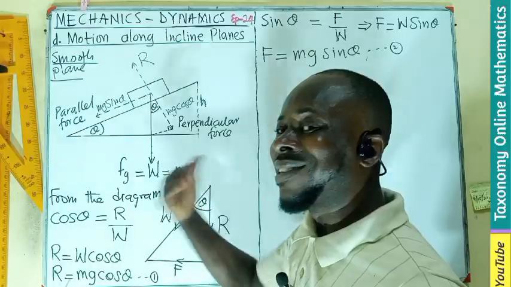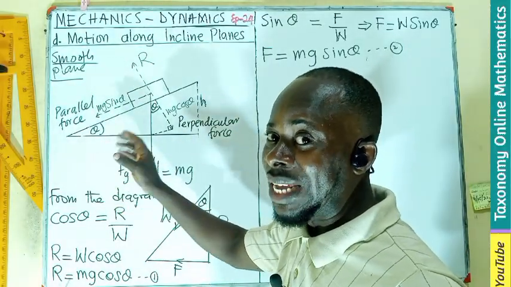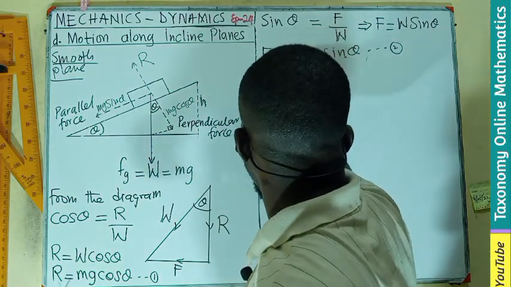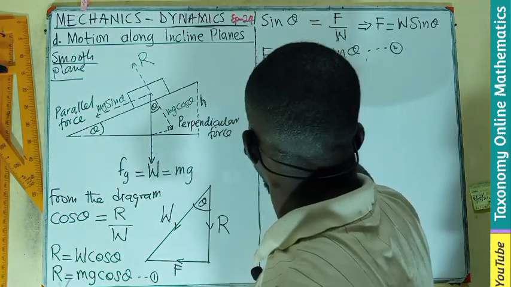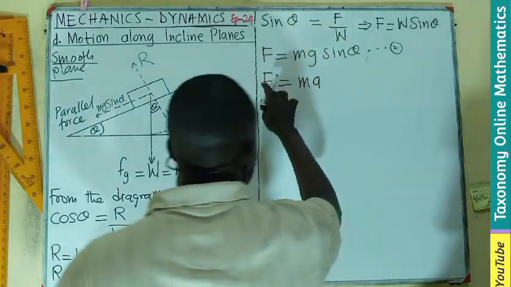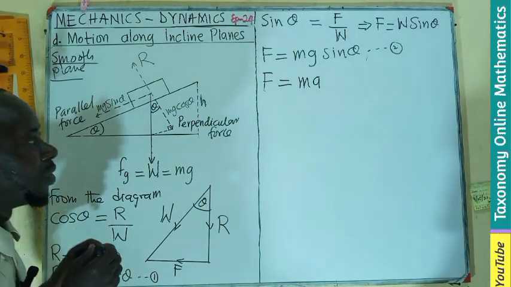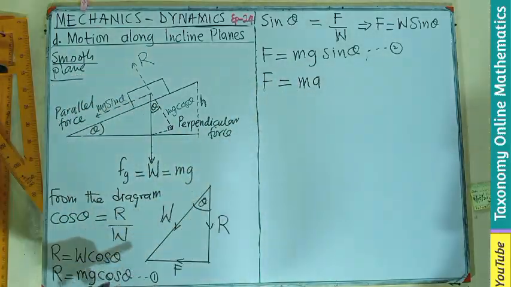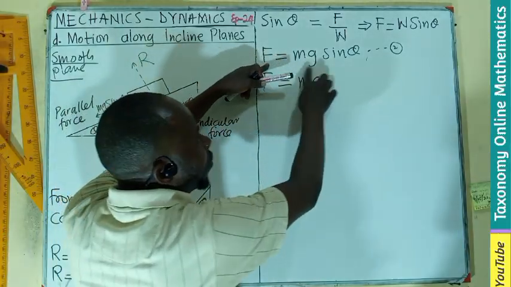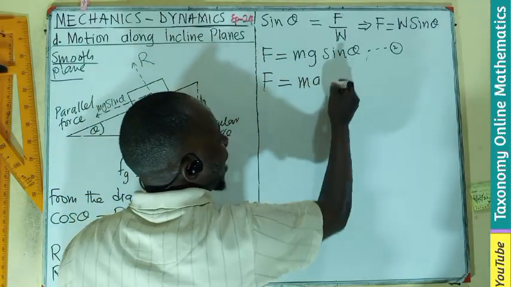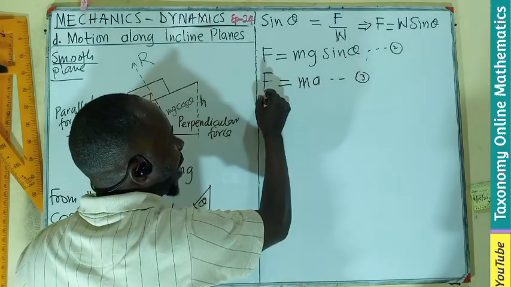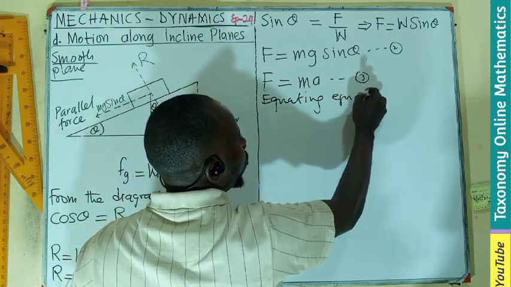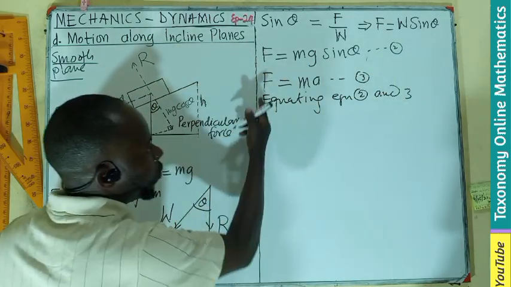Now, what will be the acceleration of the body? The acceleration of the body is due to the force that is going to pull it down. So I can say that the parallel force pulling the object down is the mass times acceleration. Then the force we found, where is it? The force we found here is also here. So I can equate equation 2 and 3, force.